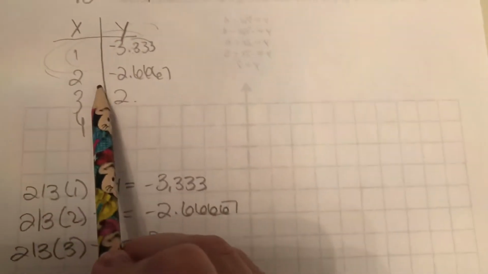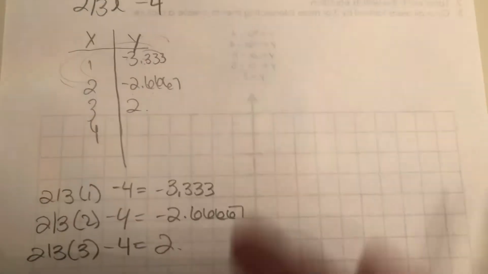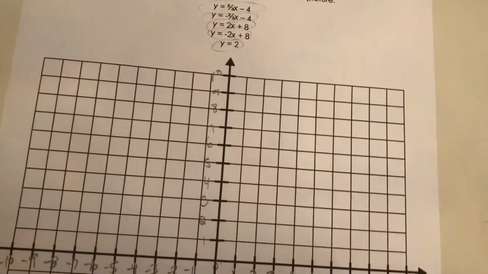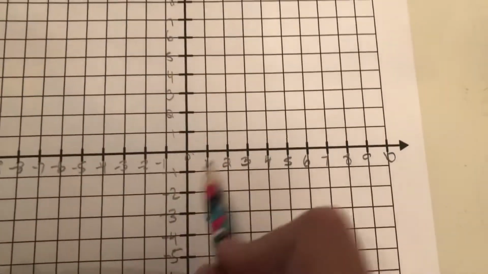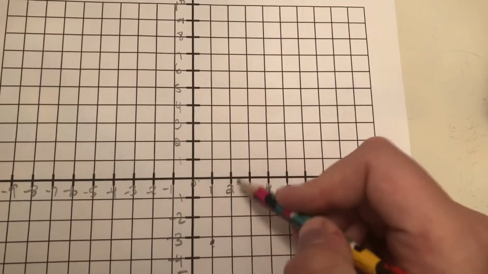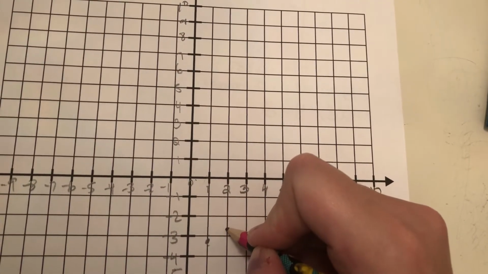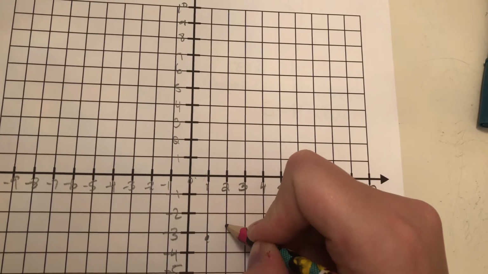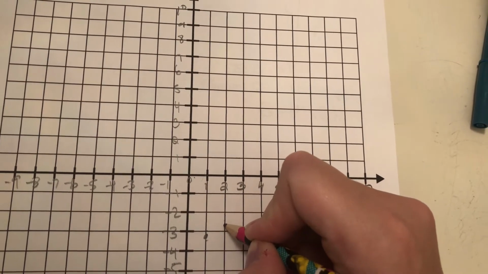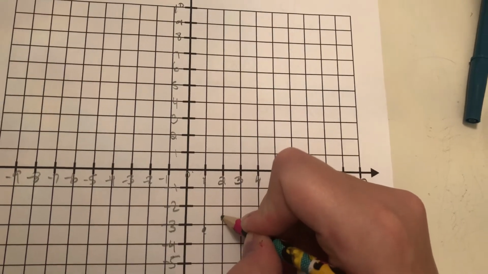Your second point was -2 2/3, or -2.66667. So you're going to go to 2 and -2, but it's -2.66667, so it's in between the half and the 3. It's right here.